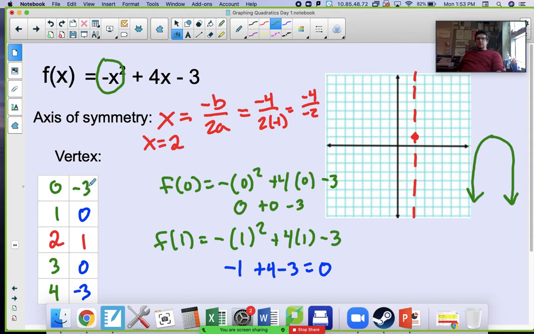-3. So the initial pattern, starting from our vertex, the first jump should be 1, second jump should be 3, should be 1, should be 3, but we're going to multiply by our A value, so in this case -1.